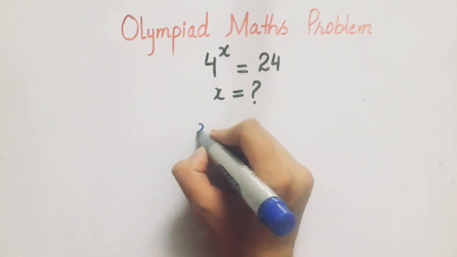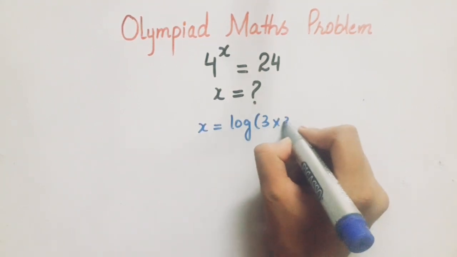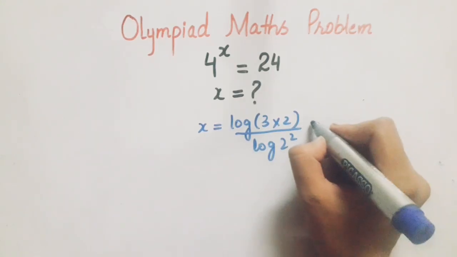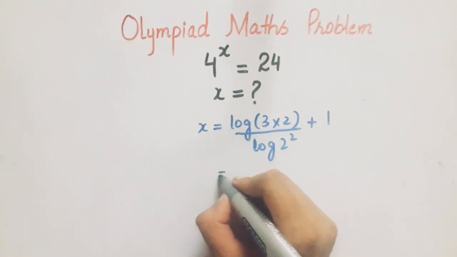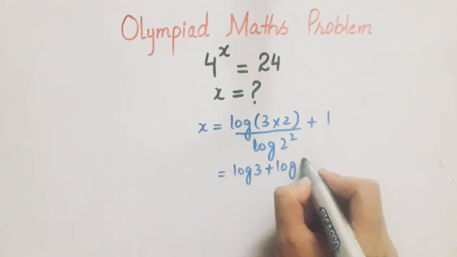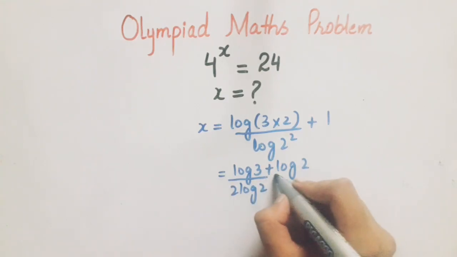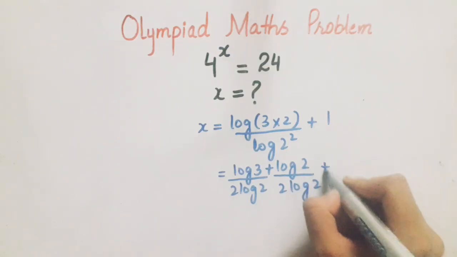So in the next step we will write this as x equals log 3 multiply 2 divided by log 2 square plus 1. So now split this and we get log 3 plus log 2, divided by 2 log 2, plus 1.